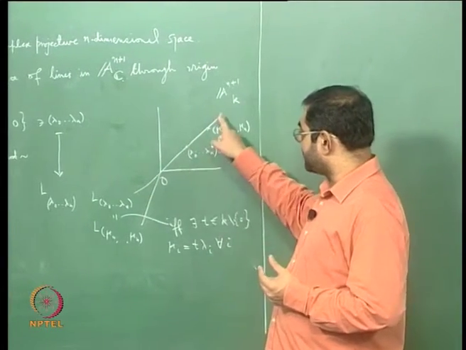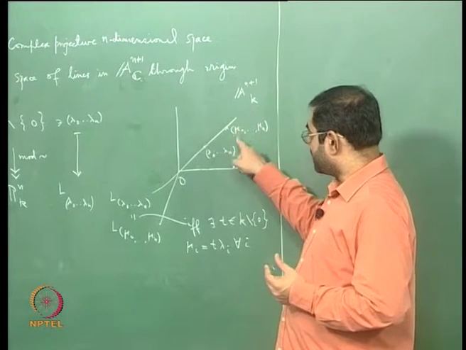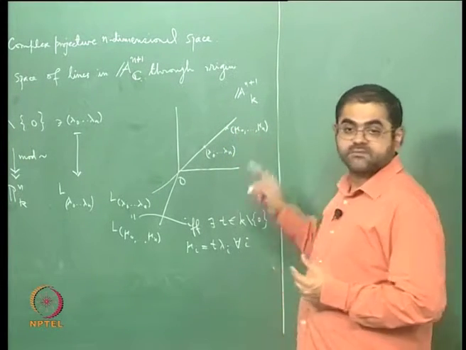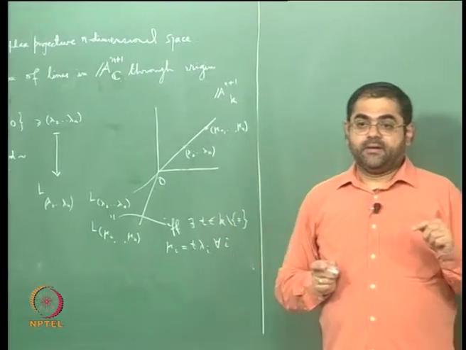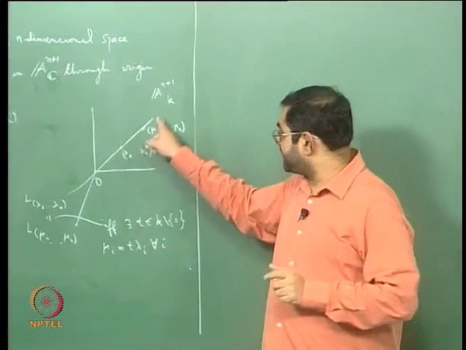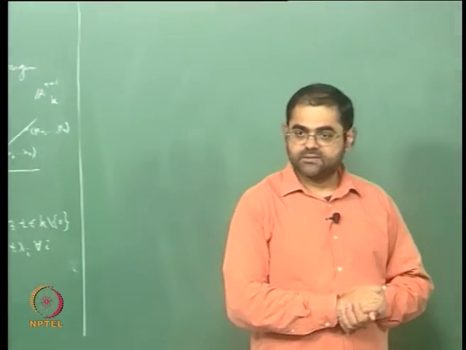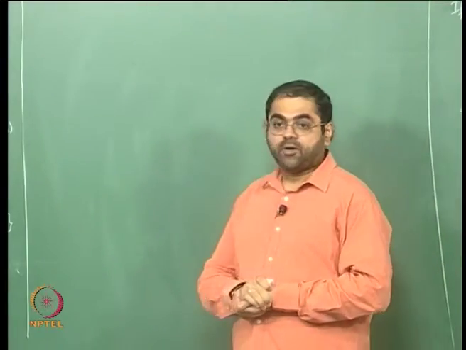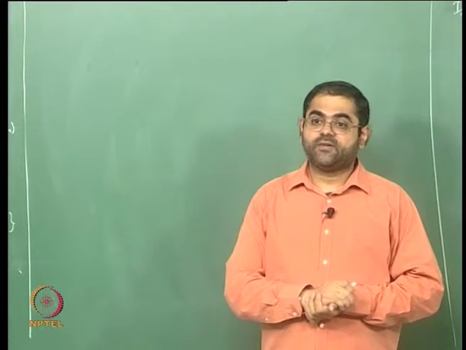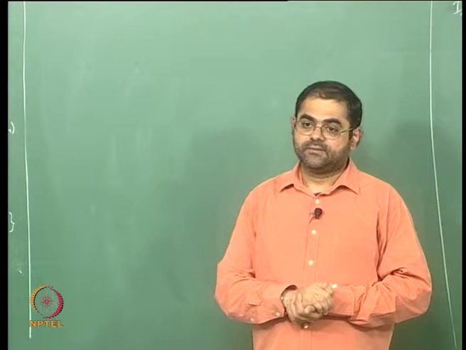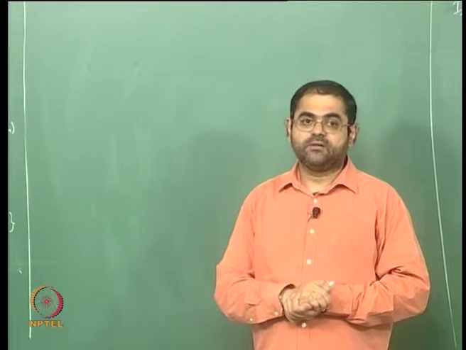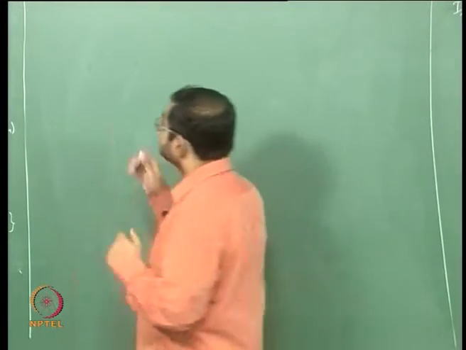If you take a polynomial in n+1 variables and evaluate it on a line, of course the values will change, okay, but if the polynomial is homogeneous, the property of it vanishing or not will not change, okay. So this is the first observation.